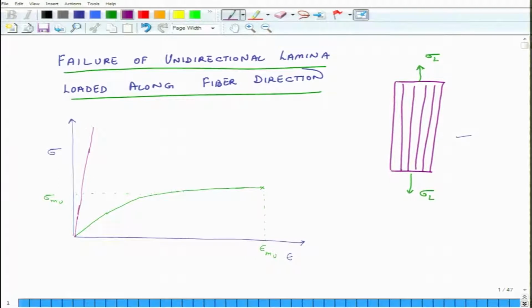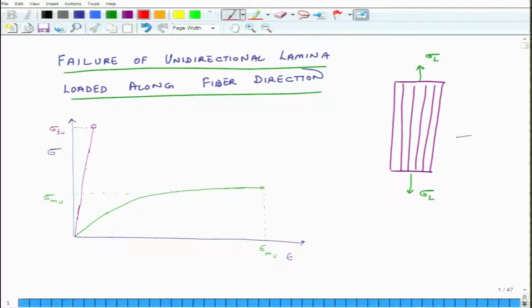So, if the fiber is brittle, then let us say I keep on pulling it, it takes on more and more load, and at a certain stress level it just cracks and the fiber fails catastrophically. So, this is the case of a brittle fiber, and this value would be sigma Fu, which is the ultimate fiber strength.